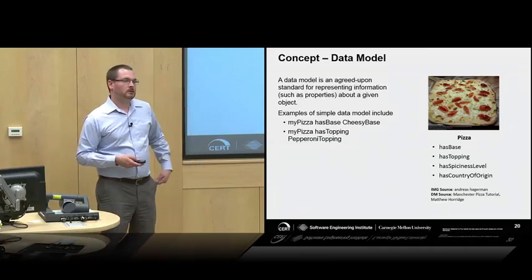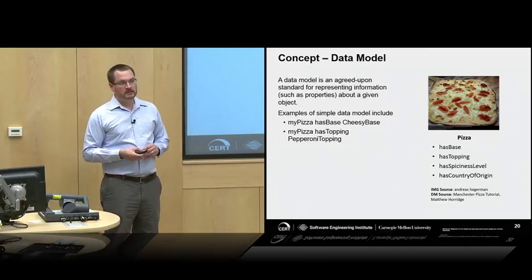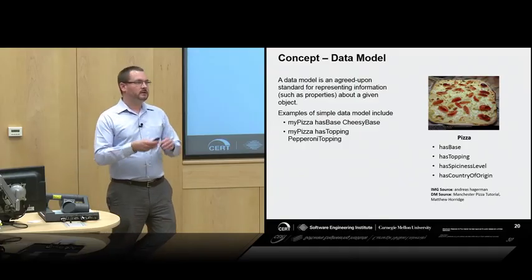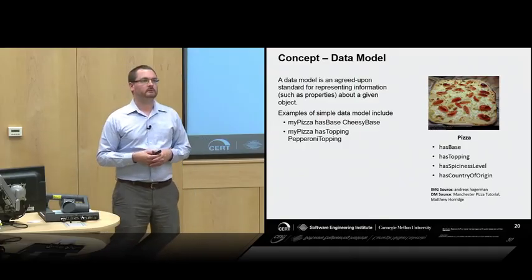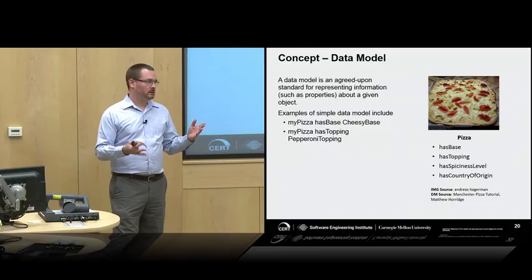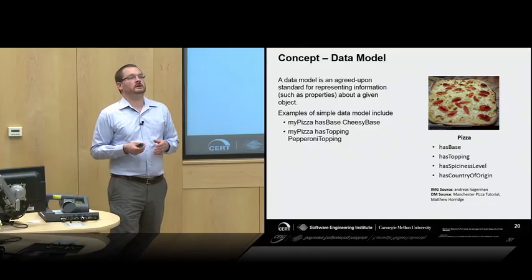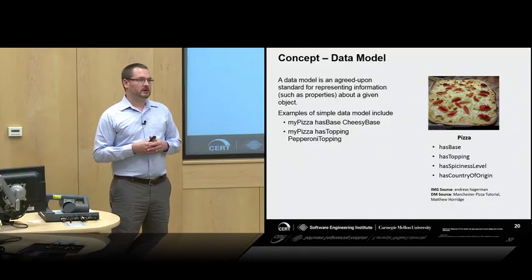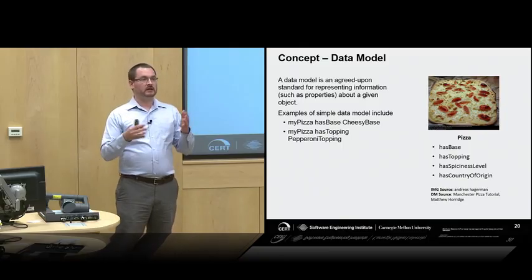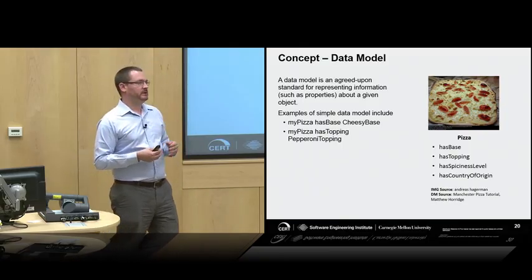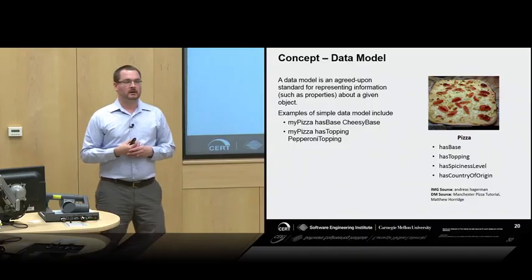So what a data model is, is a generally agreed upon standard for representing information about a given object. This can be almost any object, and so we've chosen a very simple example here.